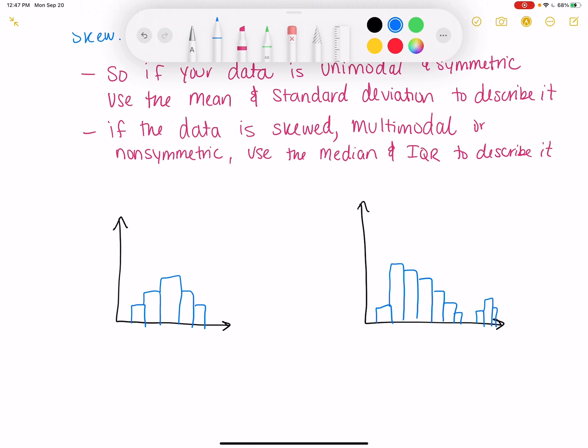All right, so which one of these is symmetric and which one's skewed? Symmetric is this one, and skewed over here. If the graph looks relatively similar to the one on the left, we would look at the mean and standard deviation.